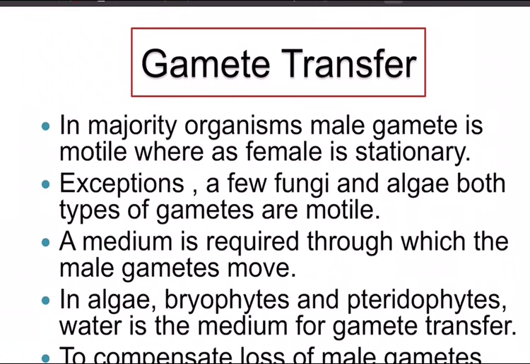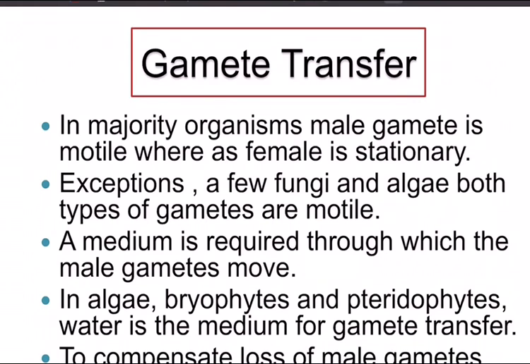So in most organisms, the male gamete is motile because it has to travel. The female gamete is non-motile because it doesn't need to go anywhere, it stays where it is supposed to be. For the male gamete to travel, there has to be a medium.